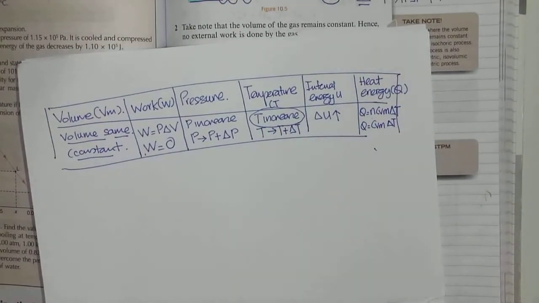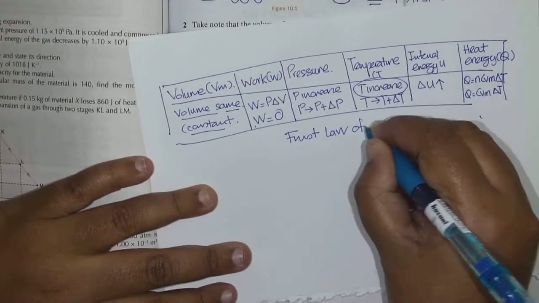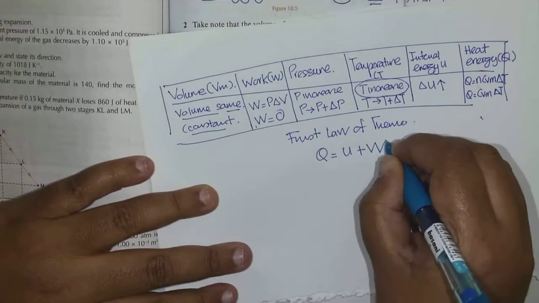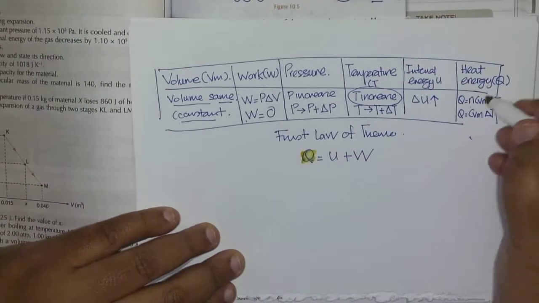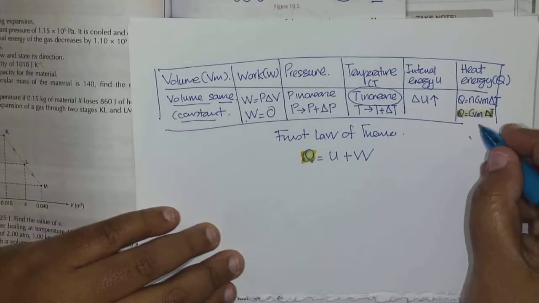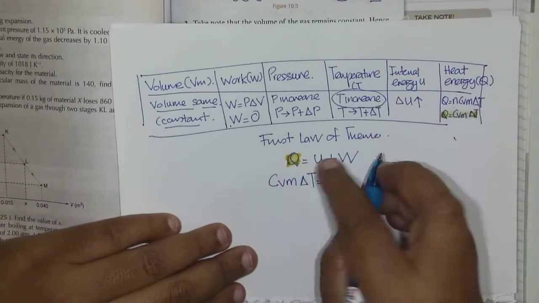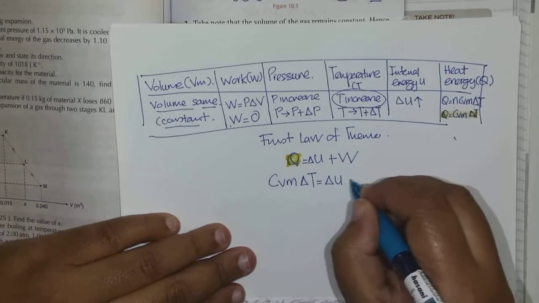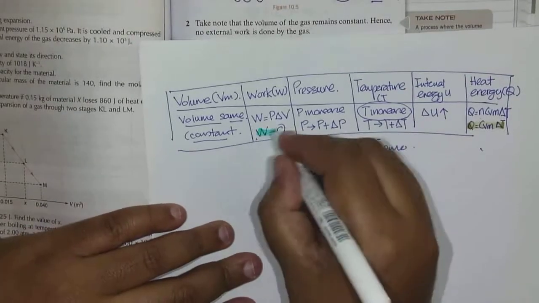So these are all the information I got, class. I use the first law of thermodynamics, which says Q equals U plus W. Q is N CVM delta T, and U I should always write as delta U, so Q equals delta U plus W. W is 0.